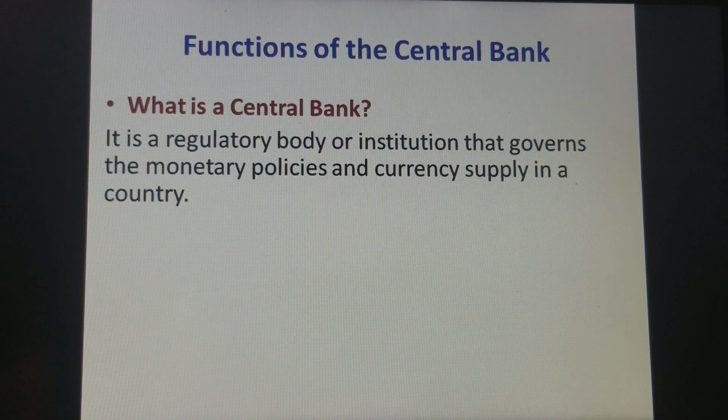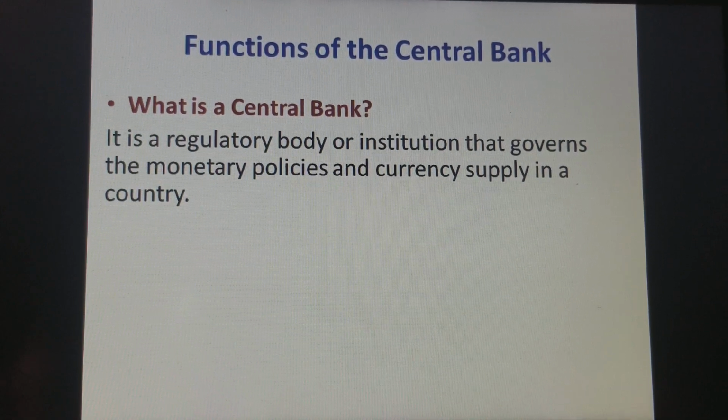It's a regulatory institution that governs the monetary policies and currency supply in the country. In other words, let me see if I can say that. I had some challenges with pronunciation, but may I put it this way? The central bank is a bank that is used to regulate the monetary policies and currency supply in the country.